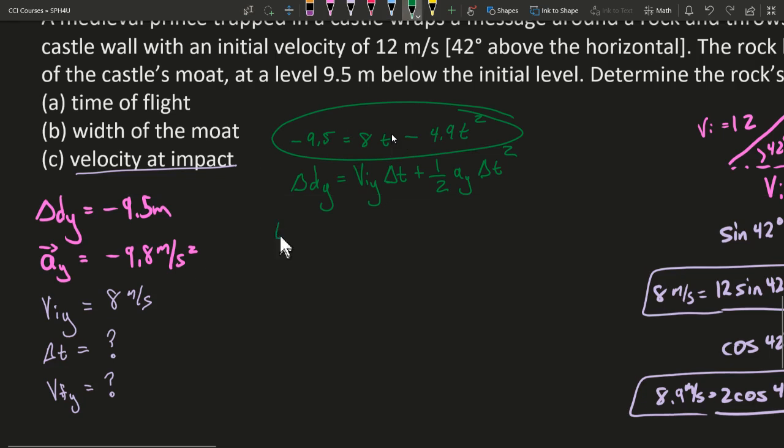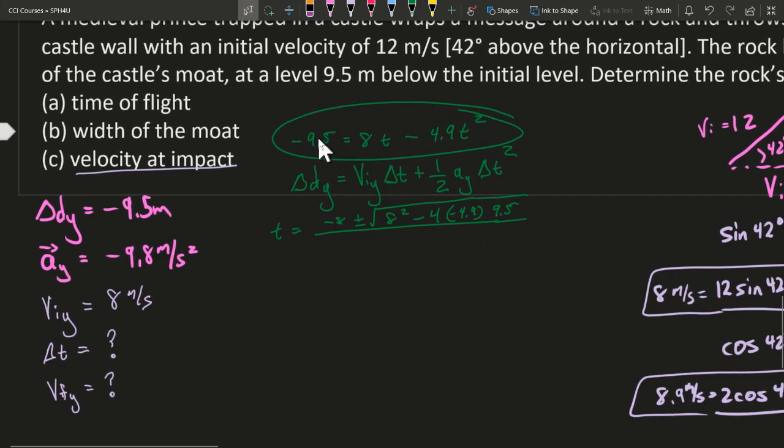Because I can then figure out that t is equal to negative b. Well, b is 8, so negative 8 plus or minus the square root of 8 squared minus 4 times a. A is negative 4.9. And c is 9.5. It's not negative because I have to pass it over to the other side here.